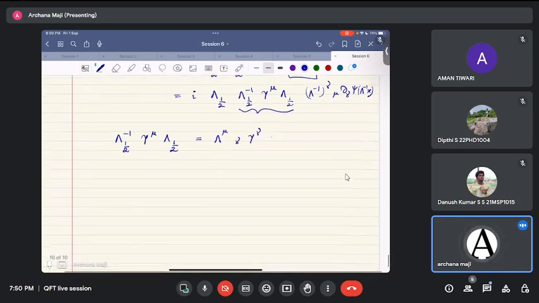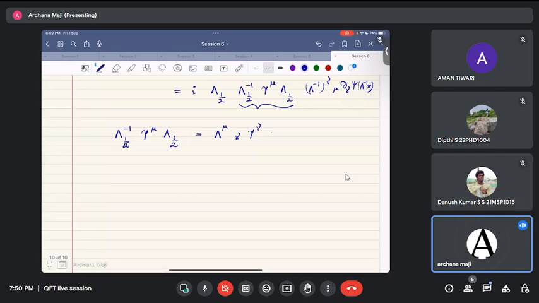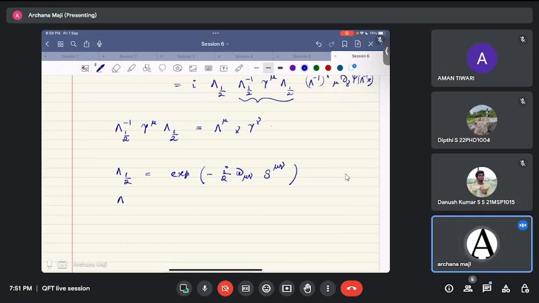Okay, so let's just prove that quickly. What was lambda half? It was exponential minus i over 2 omega_mu nu S^mu nu. Okay, and what is lambda? Lambda is exponential of minus i over 2 omega_mu nu M^mu nu.